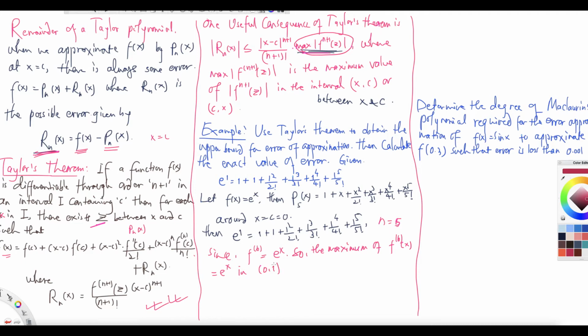In this interval, the maximum value will be at the right end, because it is an increasing function. If you find the derivative of this, it is e to the x, so it is an increasing function, and the maximum value lies at the endpoint.